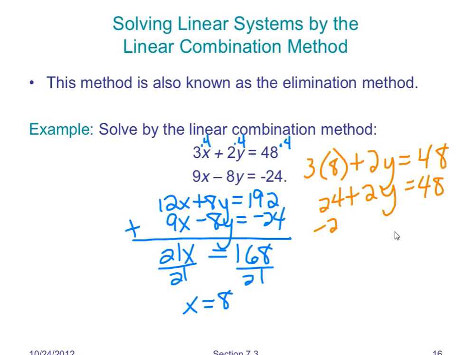Subtract the 24. We get 2y equals 24. Divide by 2. And y equals 12. So the answer, the solution to this system, is the point 8, 12.